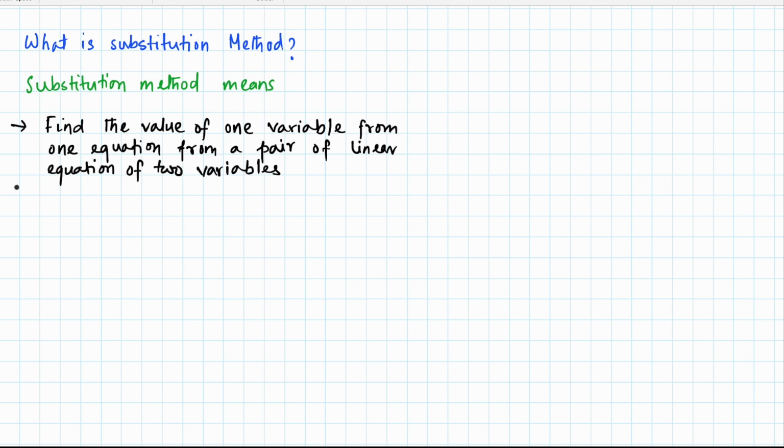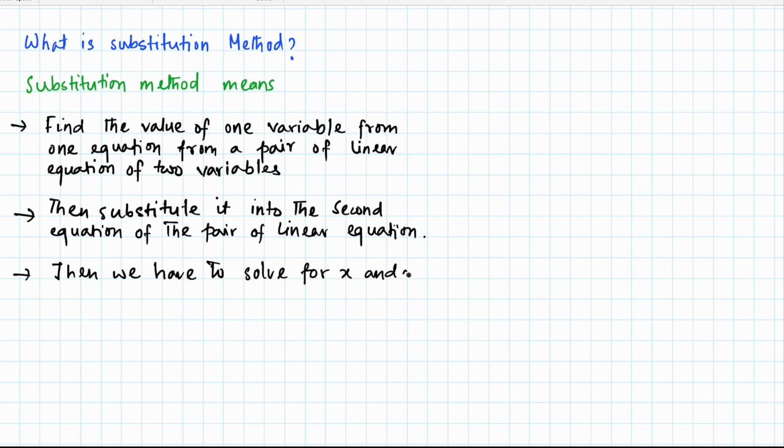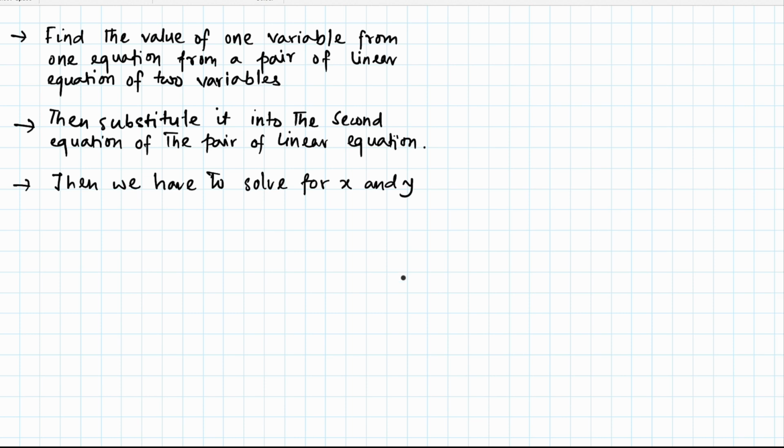So when the pair of linear equations of two variables is given, we will try to express one variable with respect to another, and whatever value we have got in terms of the other, then we substitute it into the second equation of the pair of linear equations. So this is important. First we have to get the value from one equation and we have to make use of that value in the second equation, and then we have to solve both for x and y.